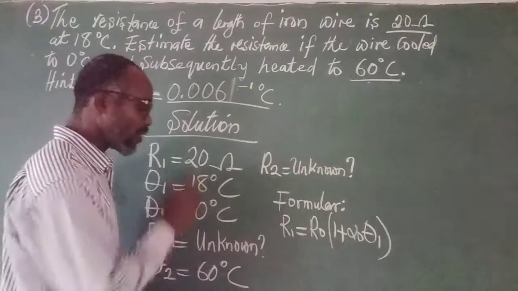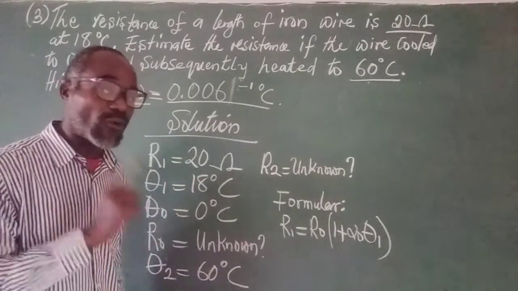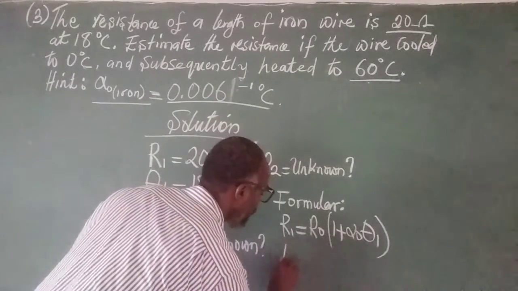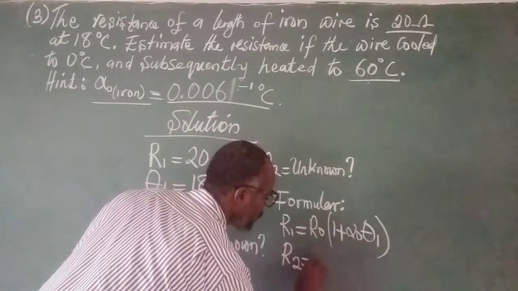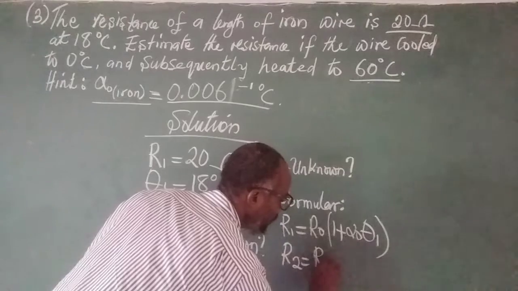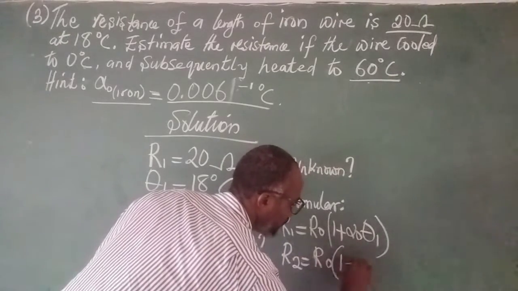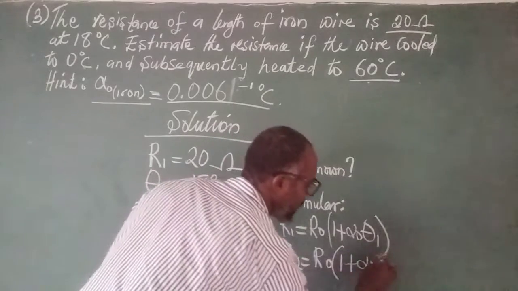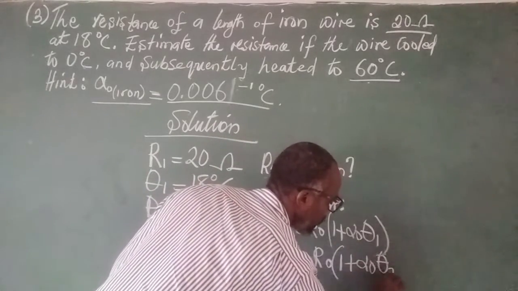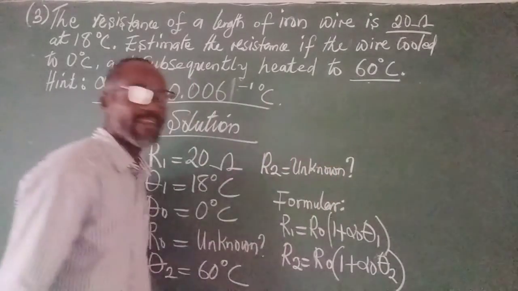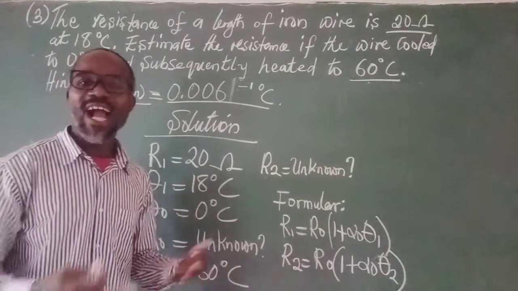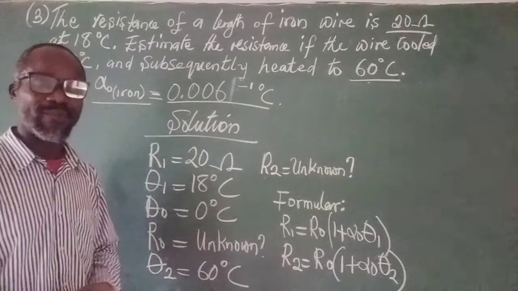For the second one, R2 is equal to R0 bracket 1 plus the temperature coefficient of the iron wire times theta 2 bracket close, once again. If we understand this, then we are halfway to solving the problem.